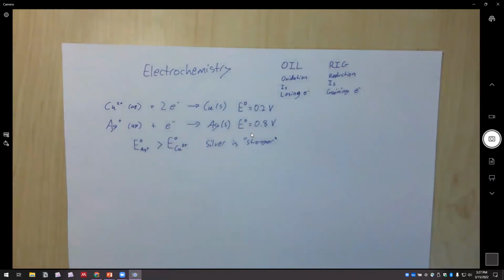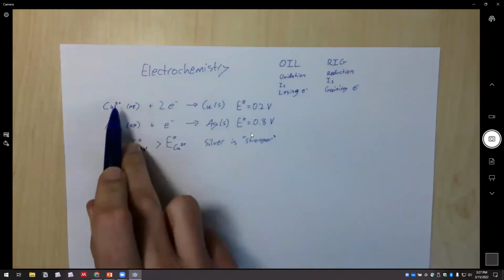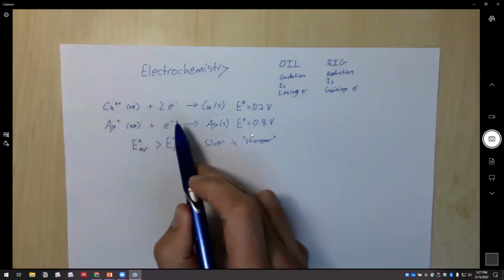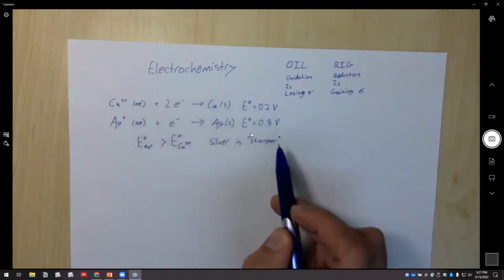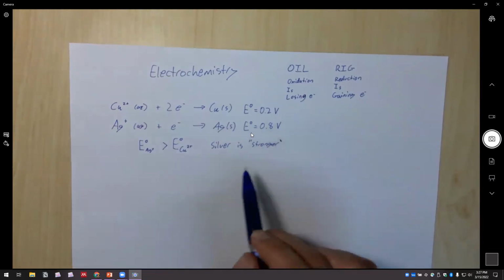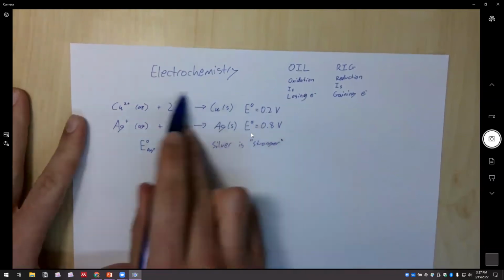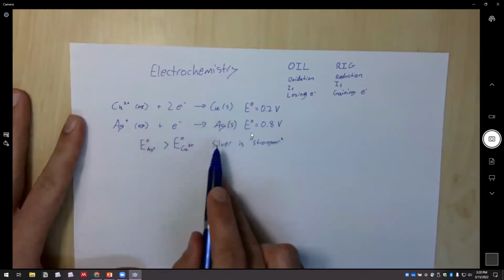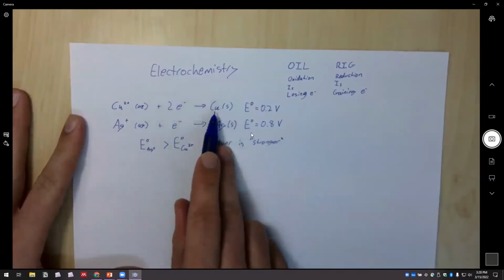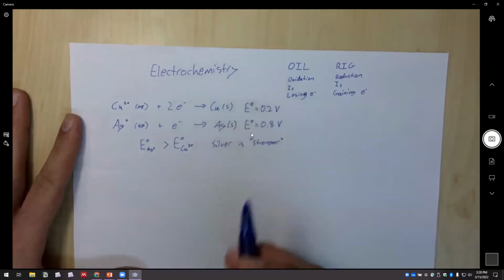If silver 1+ and copper 2+ get a chance to compete for electrons coming in, silver is going to win. So if you have a system where this happens, since silver wins, it gets to be reduced. And since copper loses, it is going to lose its electrons.